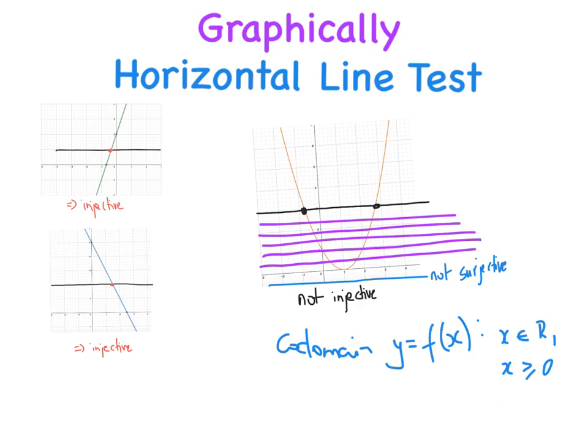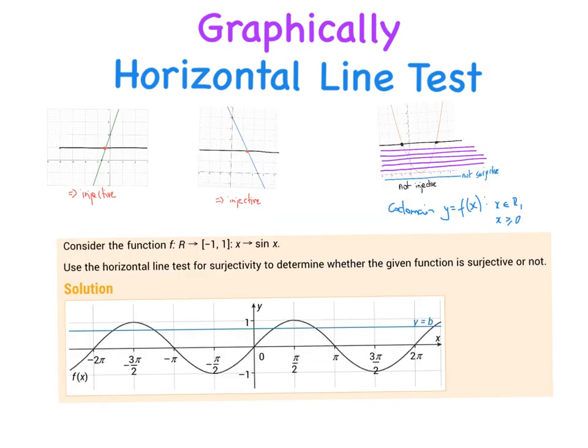So we'll take another look at surjectivity with another graph. Okay, and so in this example here, we are asked to consider this function, so a sine function. So we know its period is 2 pi, and we can see that its range is -1 to 1. And we're told this in the function here, that the range is -1 to 1. And so we're asked, use the horizontal line test for surjectivity to determine whether the given function is surjective or not. So here they've specified that the range can only be from -1 to +1.